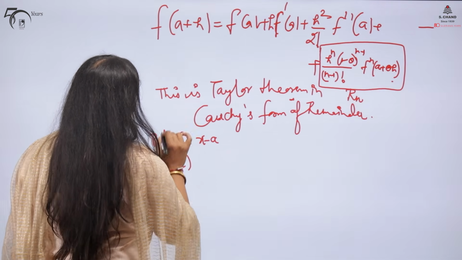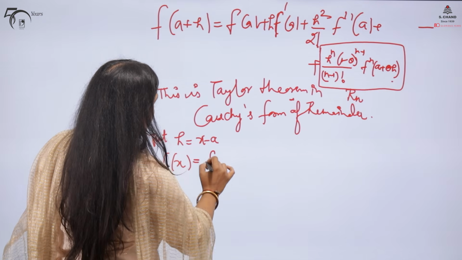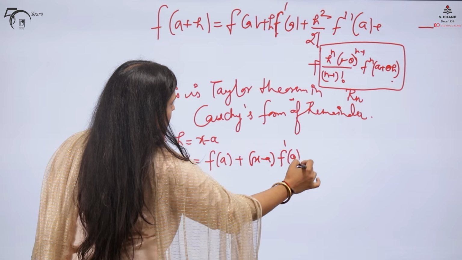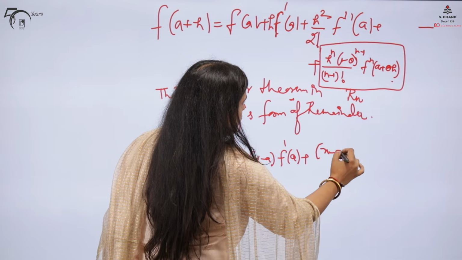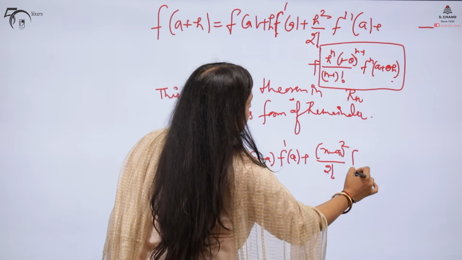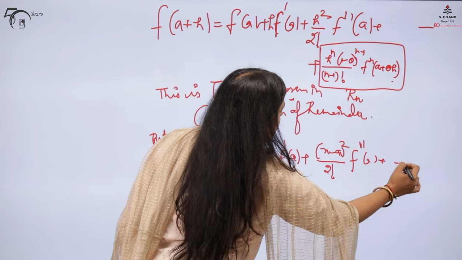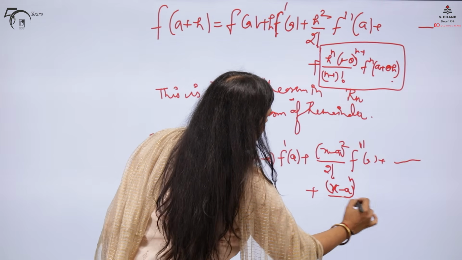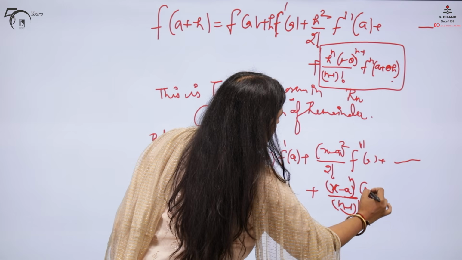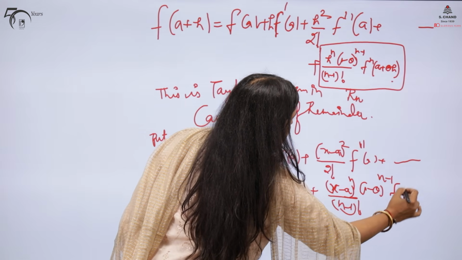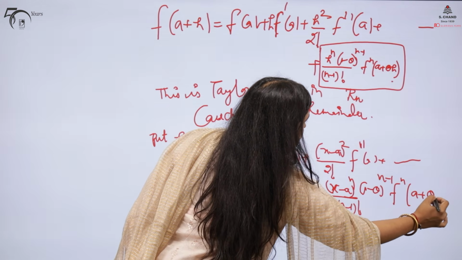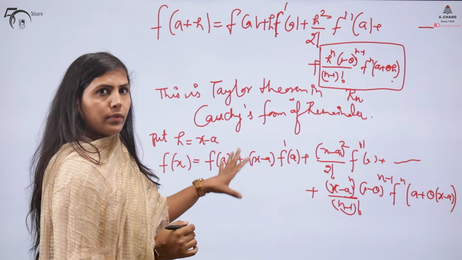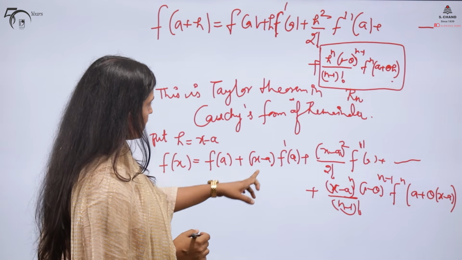The equation will become f(x) equal to f(a) plus (x minus a) f'(a), then (x minus a) whole square upon 2 factorial f''(a) and so on, plus (x minus a) whole power n upon (n minus 1) factorial (1 minus theta) to the power n minus 1 f^n(a plus theta h), and h is x minus a. Again, whichever form you find convenient you can use, but this is most common.